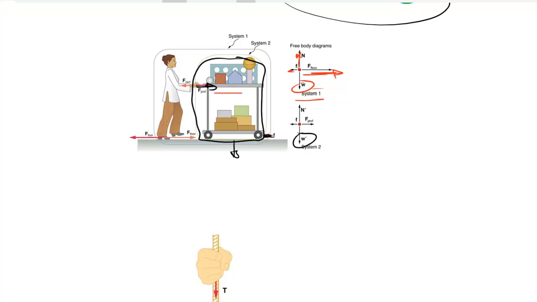And the force the floor exerts, well, the floor was exerting that force on the professor, who is now not part of that system. So the only forward force we have is just the force of the professor. There's a frictional force, and then some other normal force, right? And these are not the same normal force. This normal force here and this normal force here are not the same, just like these weights are not the same either.